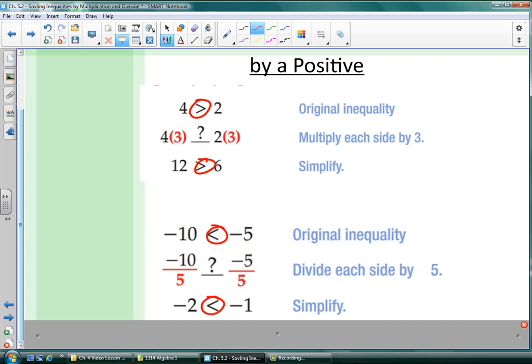Remember, even though we started out with negative numbers, this says divide each side by 5. And dividing by 5, since 5 is a positive number, our inequality sign is still facing the same way. It's still preserved in the way that it's going. Just like addition and subtraction, it's preserved for multiplication and division for positives.